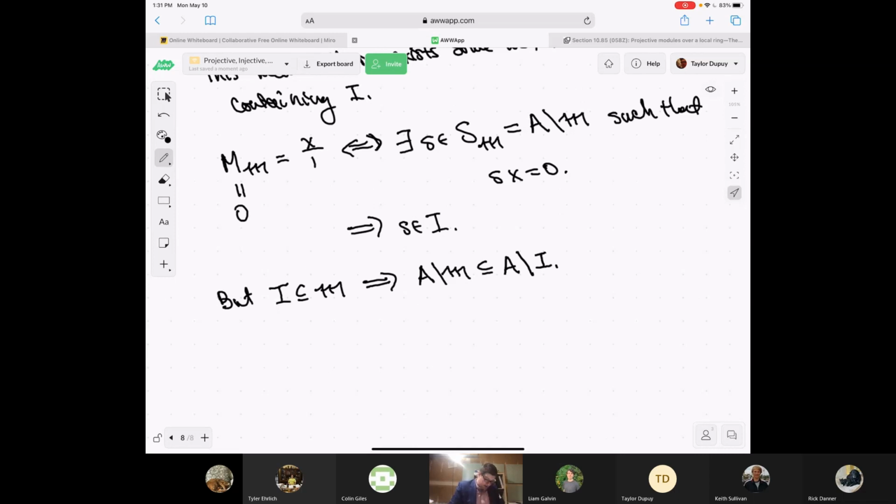So in particular, there can't be an element in A set minus M that annihilates x. This gives a contradiction. So this means that S_M intersect I is empty. So we have a contradiction.